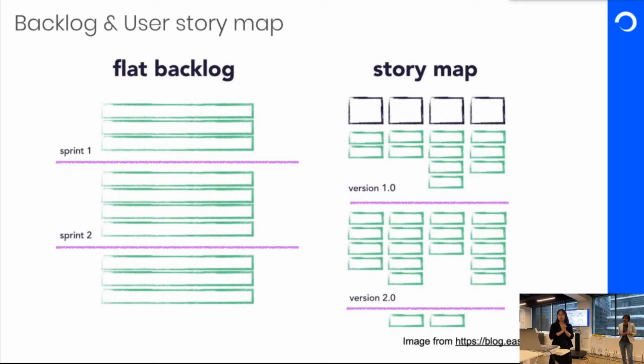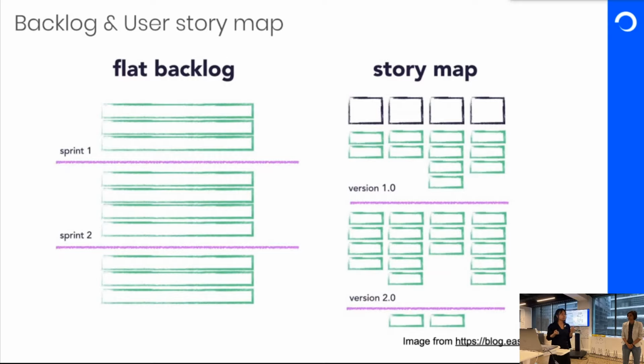But while you look at the right side, the story map, on the top, all the black story cards are the backbone of the story map, which is the user journeys. And the green cards below each of them are the user stories. And for the black ones, each of them we call an epic or feature.